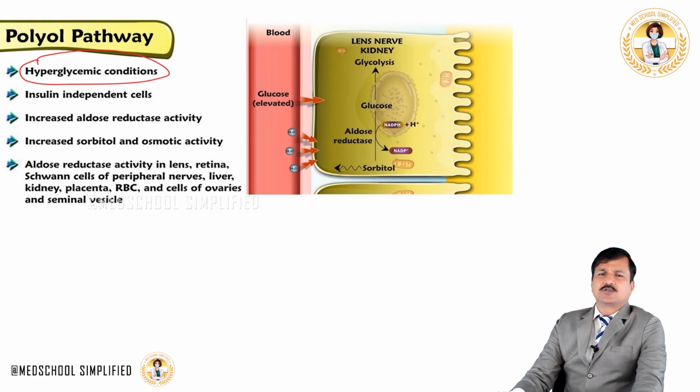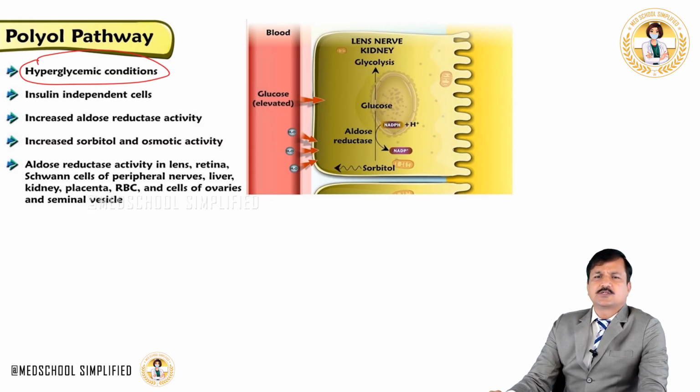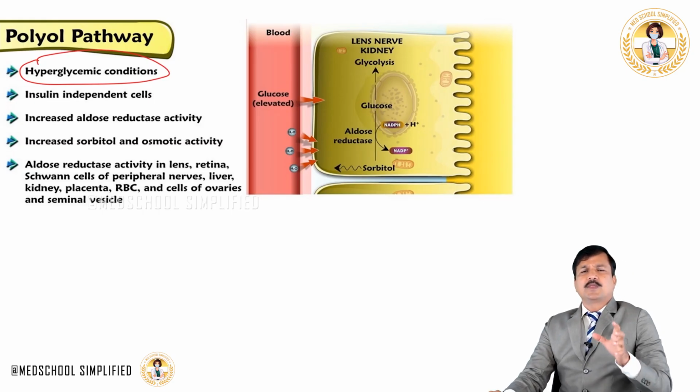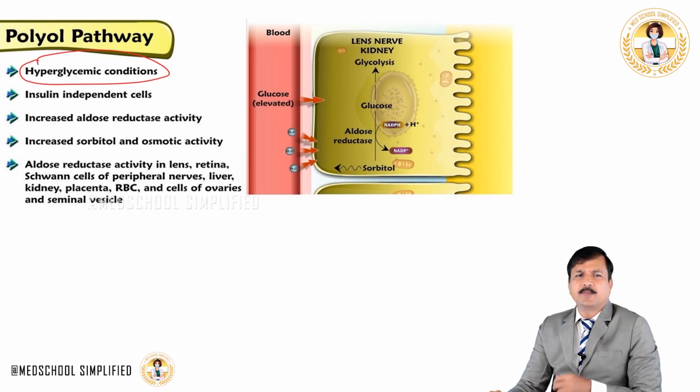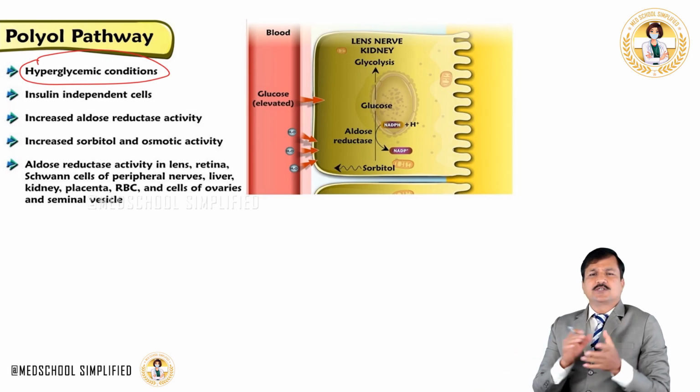Excess glucose in the blood leads to an increased gradient, allowing more and more glucose to get into insulin independent cells. So what will happen to this glucose?